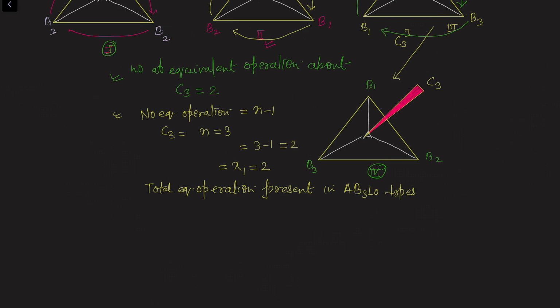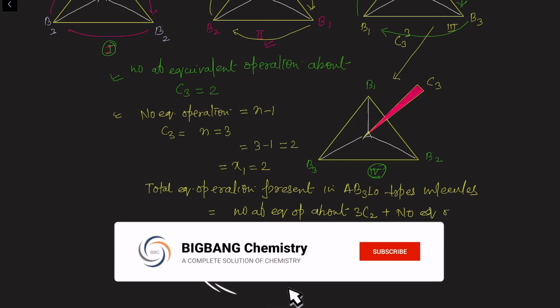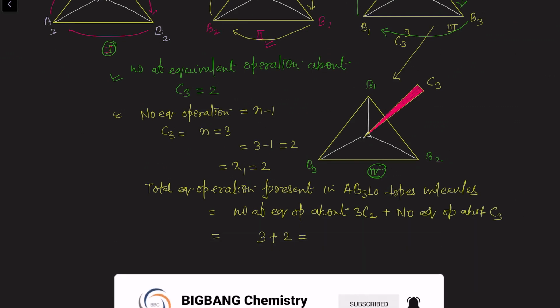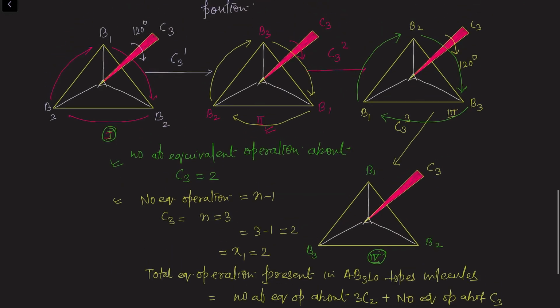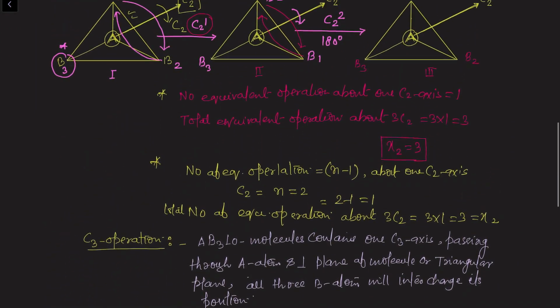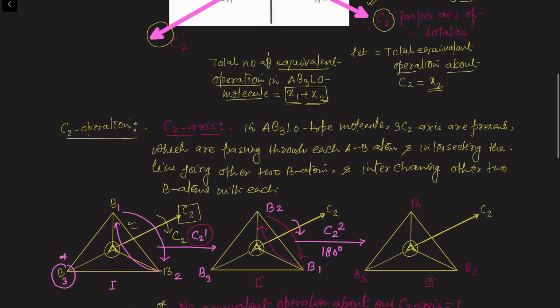It is equal to the number of equivalent operations about 3 C2 plus the number about 1 C3, so 3 plus 2, right? Total 5. So the total number of equivalent operations about proper axes of rotation in an AB3L0 type molecule was 5.